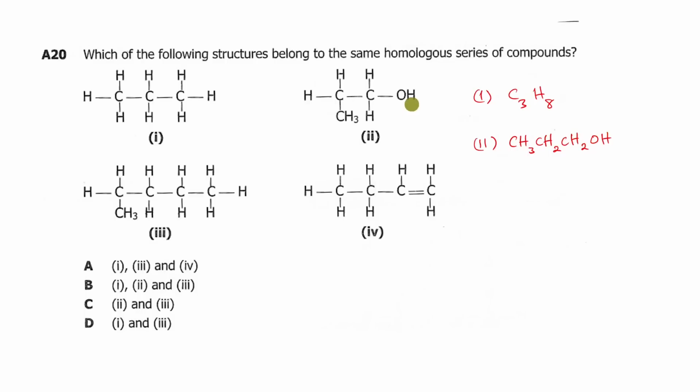Then I'll come to 3. Even in this one I've hidden it, but no problem, I'll count 1, 2, 3, 4, 5. So C5, then hydrogen 3, 4, 5, up to 12.